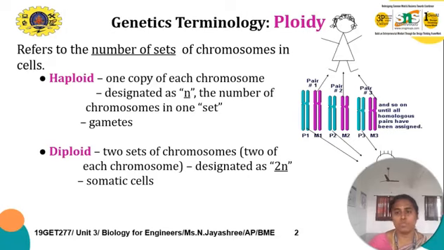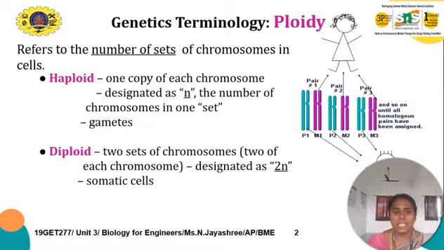So the chromosomes are formed like this: pair 1, pair 2, pair 3. This is the parent chromosome, and this is the daughter chromosome, and so on until all the homologous pairs have been assigned. This is the genetic terminology.